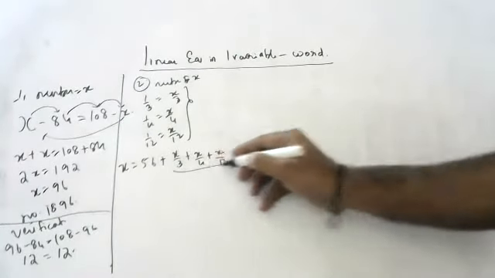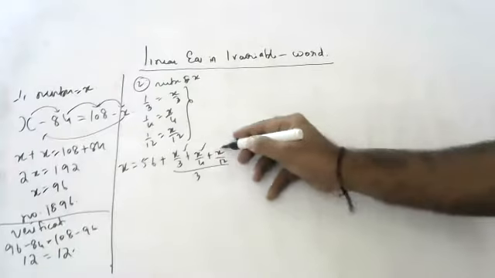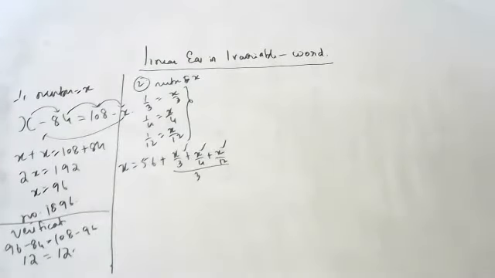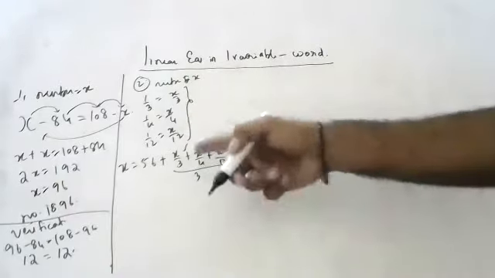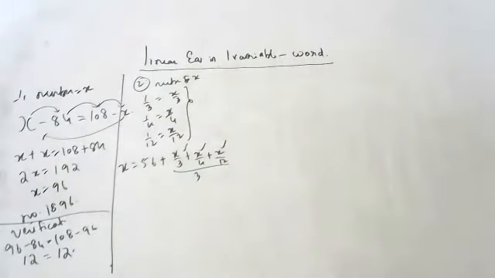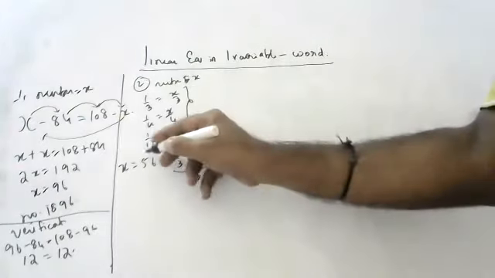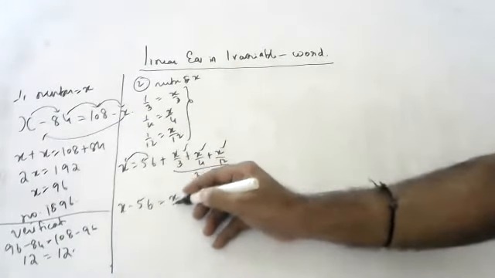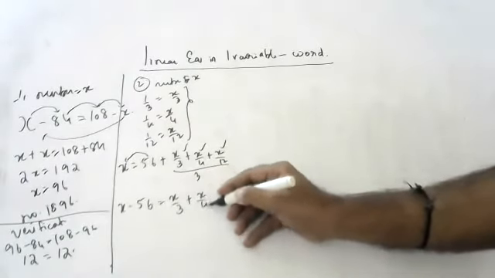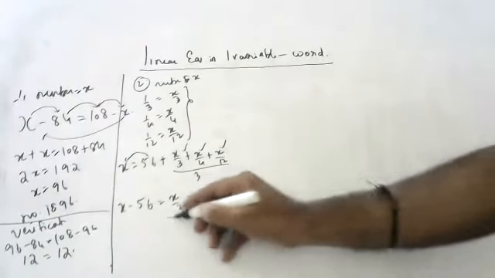Average means add all and divide by 3. If 4 are there, add all by 4. If 5 are there, add all by 5. Like that. So 56 you bring here.